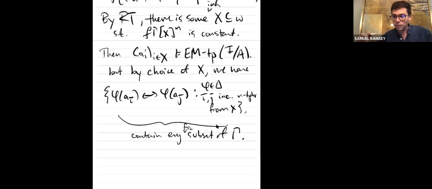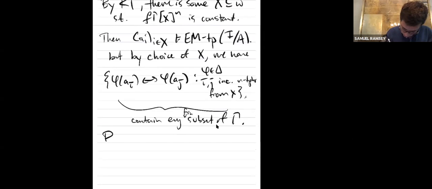So if I include all of the variables and all of the EM type, and just restrict the number of formulas to some finite number, then sets of that form will certainly contain every finite subset of gamma. And I found realizations for all of these sets, which means I found realizations for every finite subset of gamma. So by compactness.